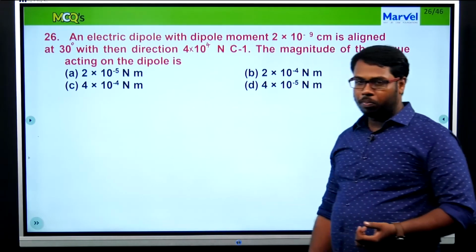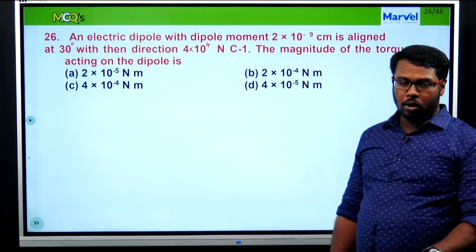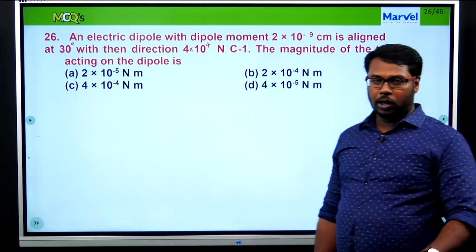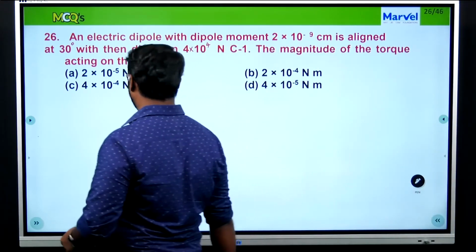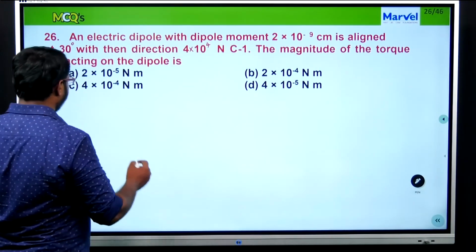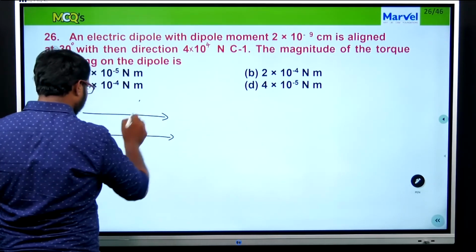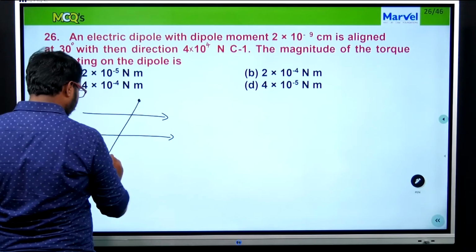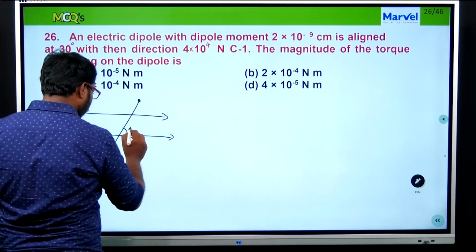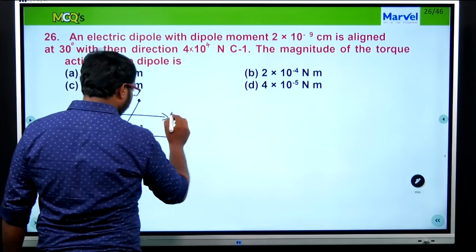The dipole is aligned at an angle of 30 degrees from the electric field. So this is how your electric field is, and let us assume that our dipole is aligned in this fashion, at 30 degrees with the electric field.